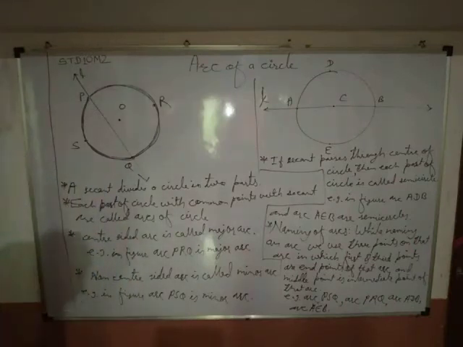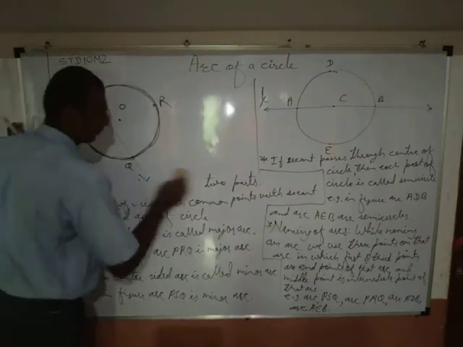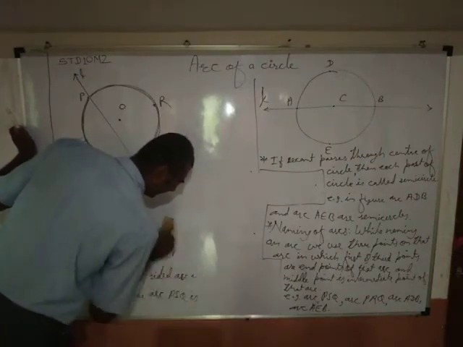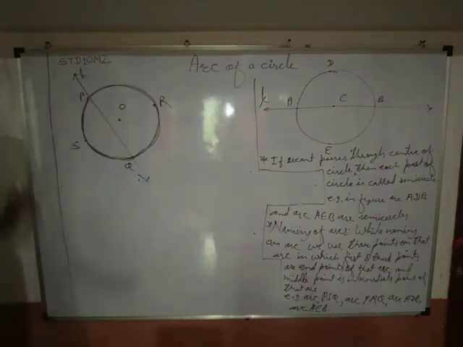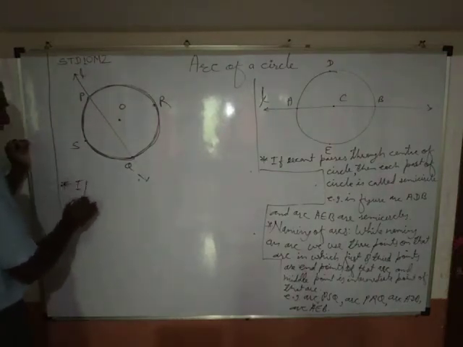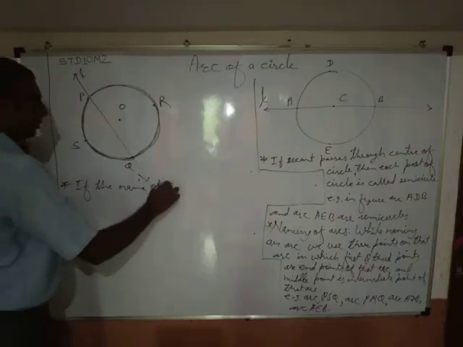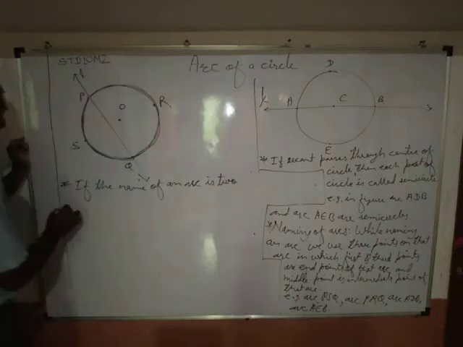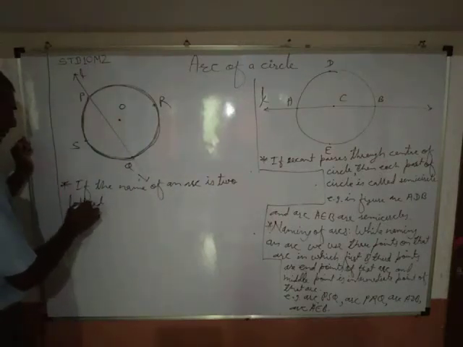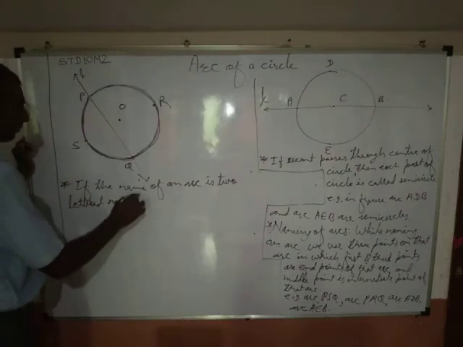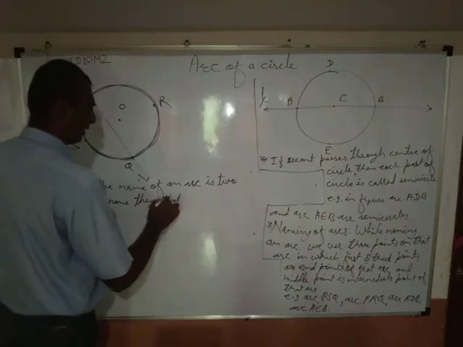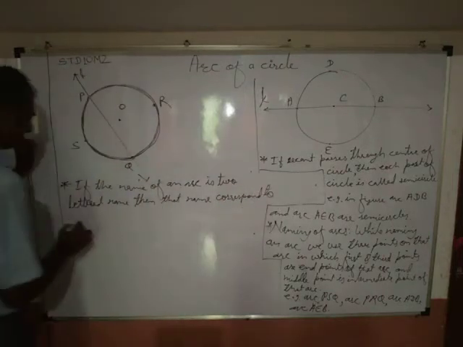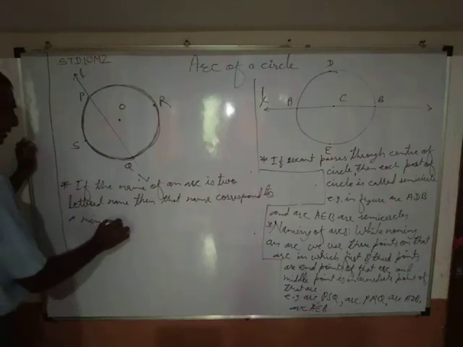Okay. Now, after that, let's mention if the name of an arc is a 2-lettered name, then that name corresponds to a minor arc.